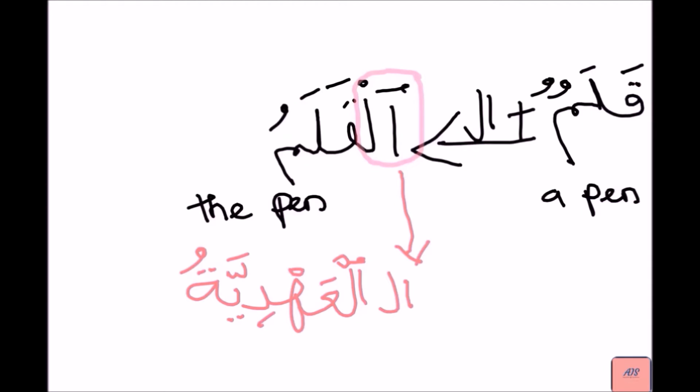That is the referential alif lam. It is a type of alif lam that has to do with having a previous knowledge of a word. And so the word pen, in this example, the pen, is known to both the speaker and the listener.